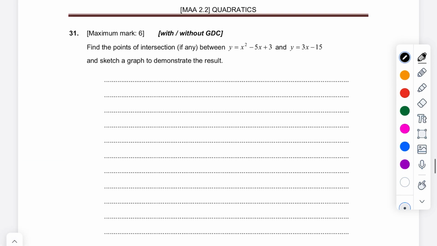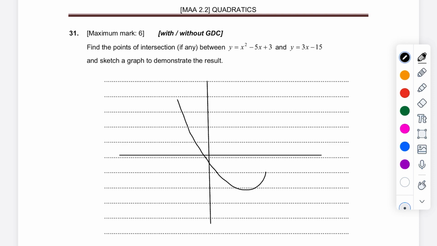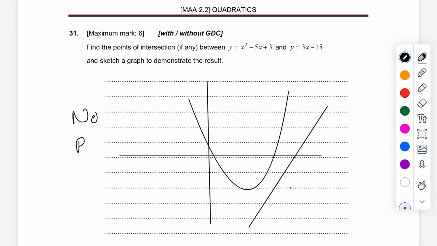Question number 31. Draw the graph and sketch the graph and demonstrate the result. So it is approximately like this. Then there is no point of intersection.